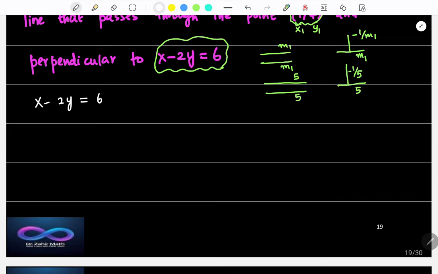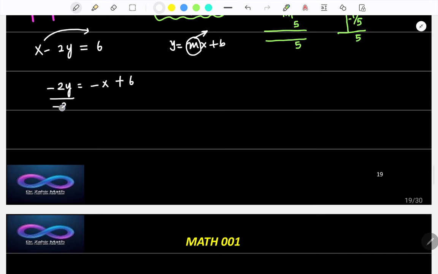Now, from this, I'm going to write the model y equals mx plus b. If I write like this, I will get m. So minus 2y is equal to, I bring this x to this side, so minus x, plus 6 is here. I'm dividing by minus 2, dividing by minus 2, dividing by minus 2. Why?